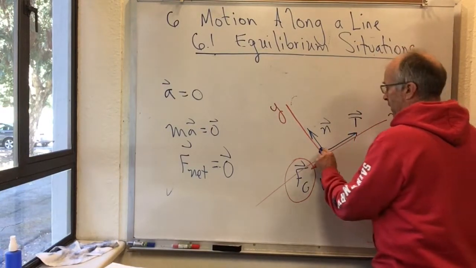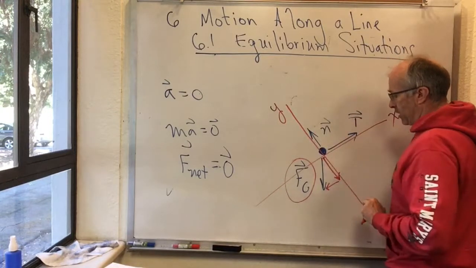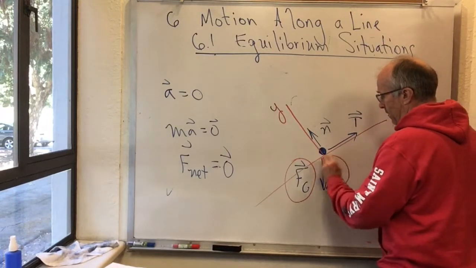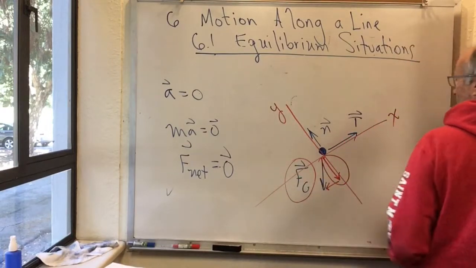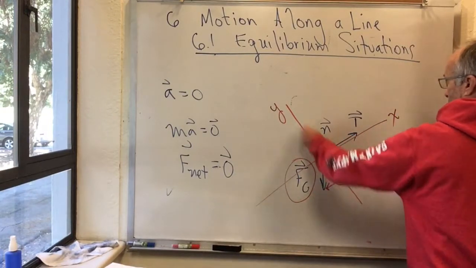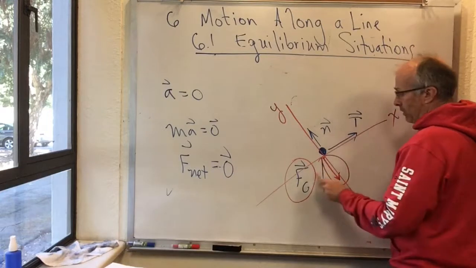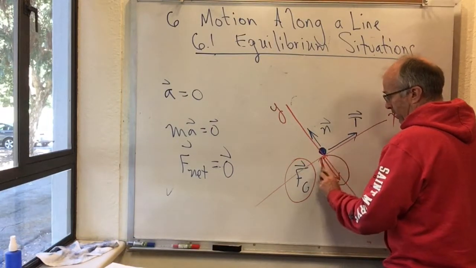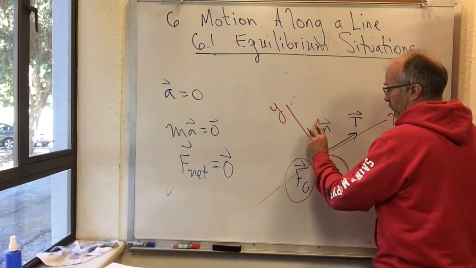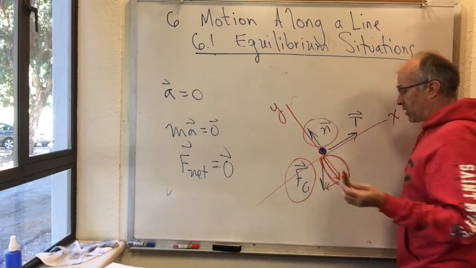Now, it looks like I've drawn things decently well. It looks to me like this vector here that I've called n is about the same length as this vector here, which is the component of F sub g that is parallel to the y-axis. So it's quite believable that this vector that I've circled and this vector just cancel each other out.